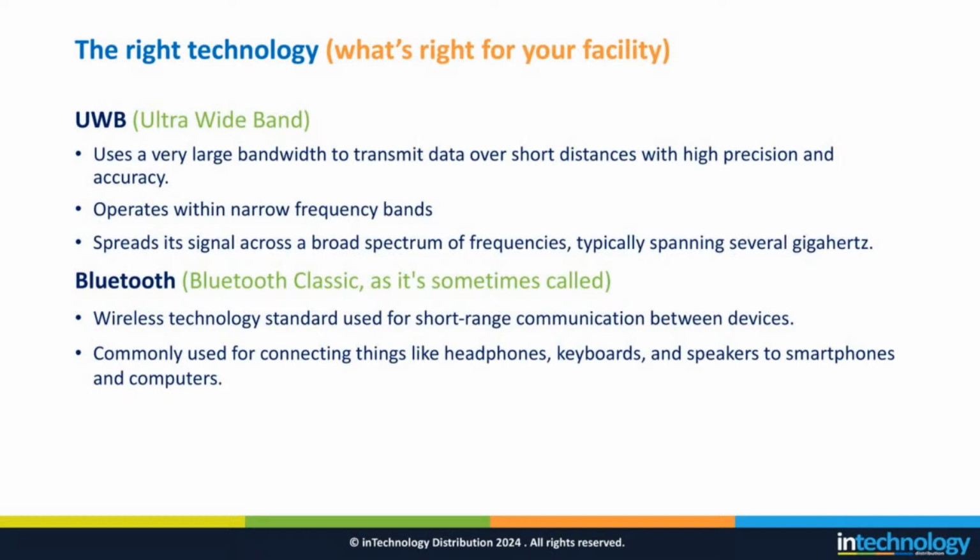We are seeing the likes of Apple and I believe Samsung are now slowly starting to build UWB technology into their phones. And the use case for that, from what I understand, has been more around indoor navigation scenarios. So not necessarily in a real-time location space, but in a navigation sort of environment.